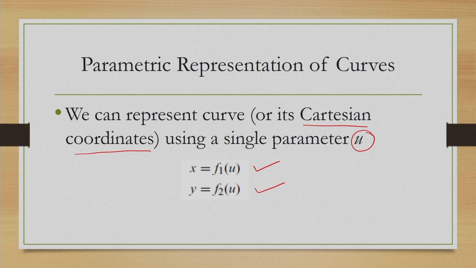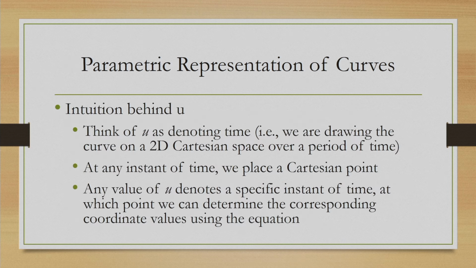Let us try to understand the intuition behind this representation. We can assume that u is denoting time. We can think of it in this way. We are drawing the curve on a 2D Cartesian space over a period of time. Now, at any instant of time, we place a Cartesian point.